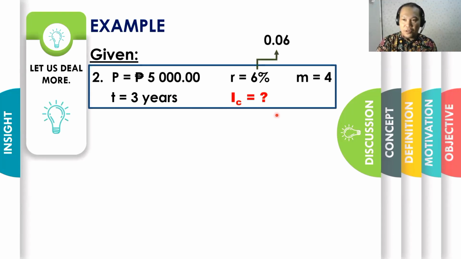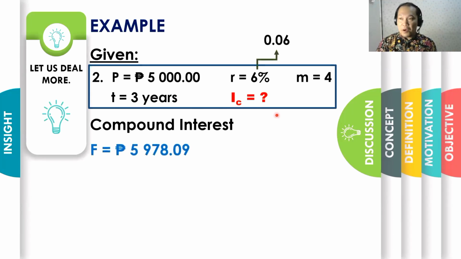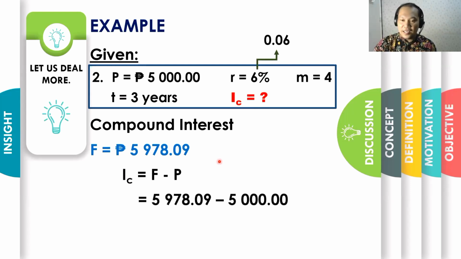Since we already have our maturity value, which is 5,978 pesos and 9 centavos, we can simply substitute. That is 5,978.09 minus 5,000.